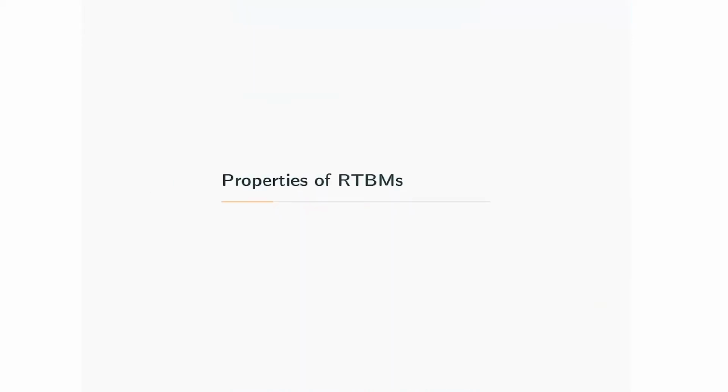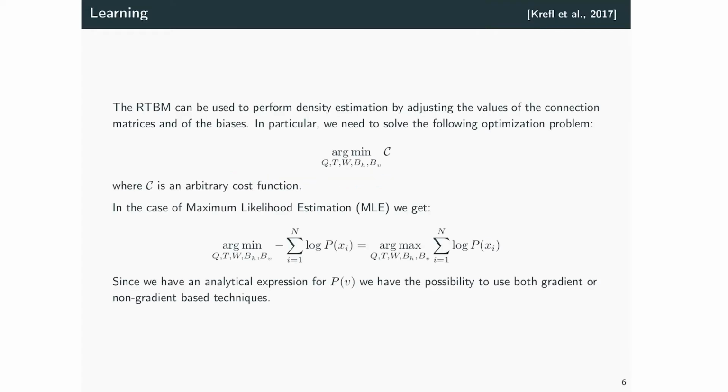And so now I will briefly talk about some properties of this Riemann theta Boltzmann machine. As I've already said at the beginning, our aim is to build a model to perform density estimation. So to perform density estimation, we are looking to solve this optimization here.